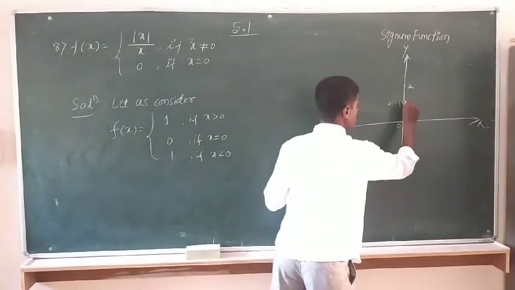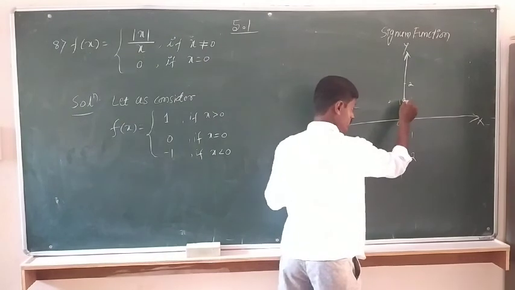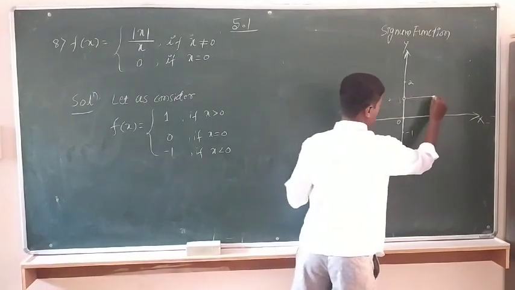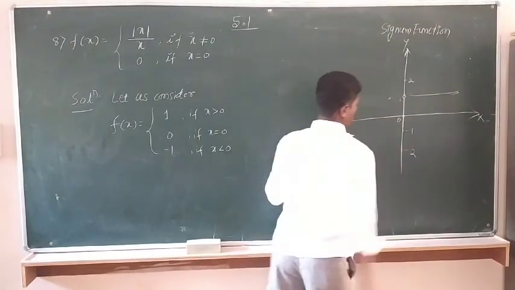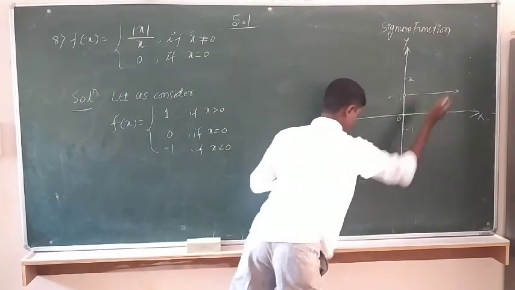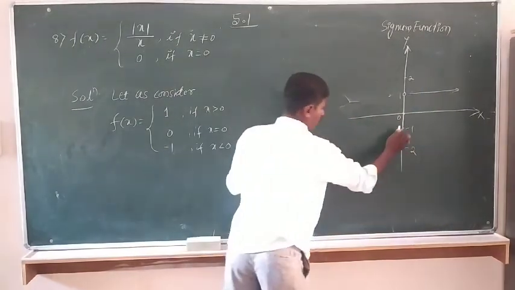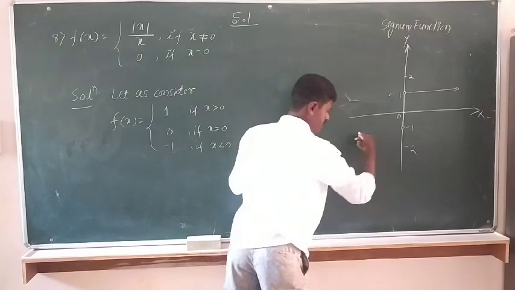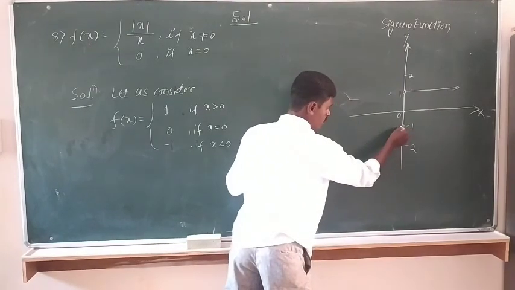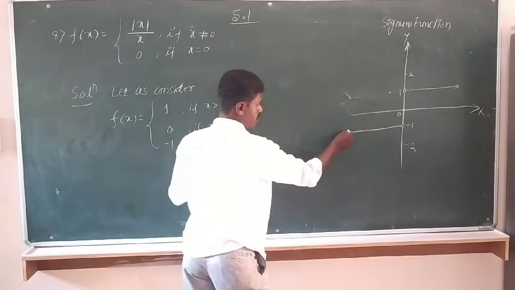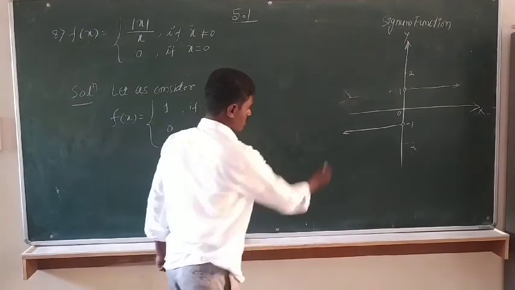This is excluding 0. This is excluded. The function travels in this direction. When x is less than 0, the value is minus 1. It travels in this direction.